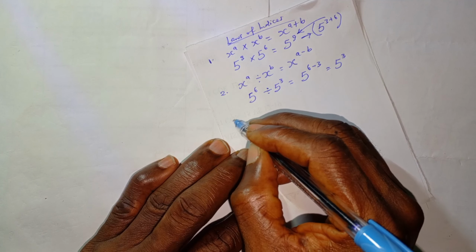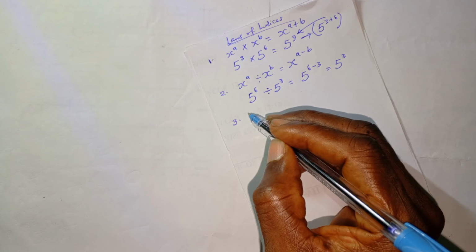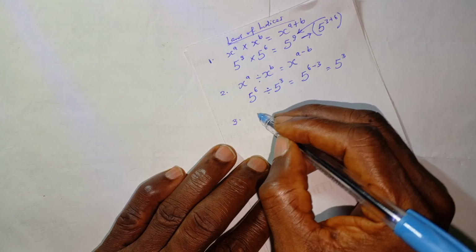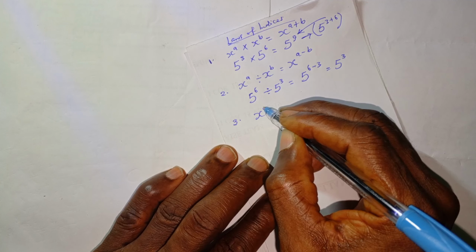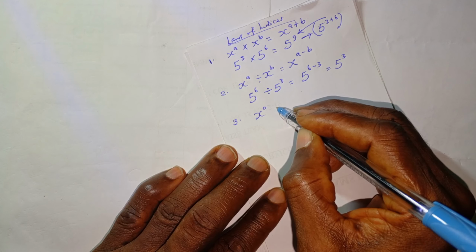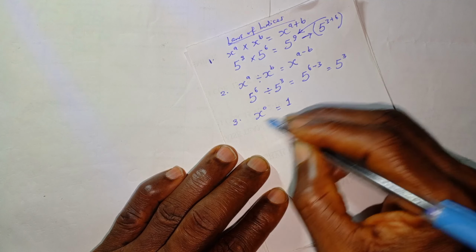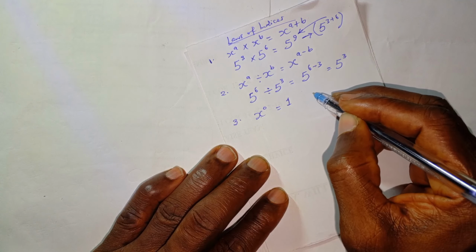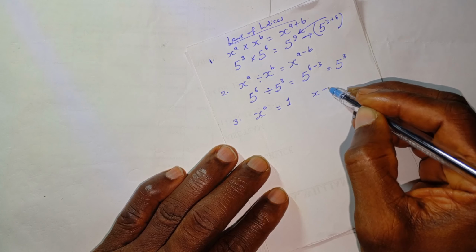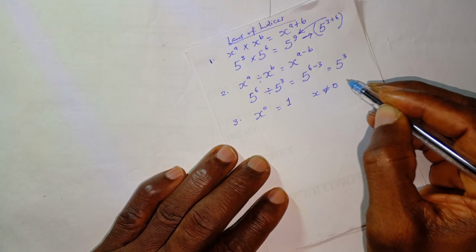Now the third law of indices I would like to share with us is x raised to power 0. The answer is 1, so long as x is not equal to 0.